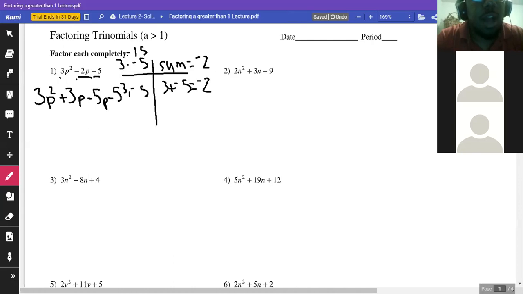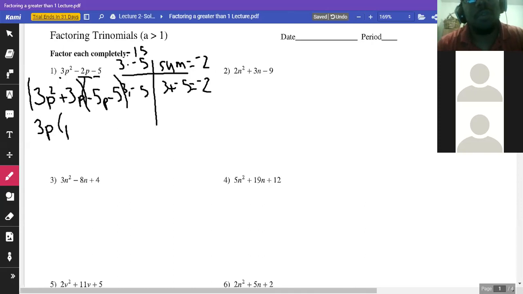Next, I'm going to group these first two terms together and the second two terms together. Okay, now looking at the first two terms, what can I pull out of 3P squared and 3P? Three P. Yeah, exactly.